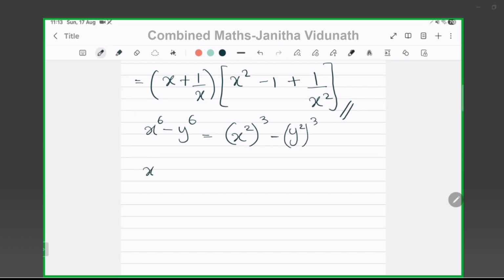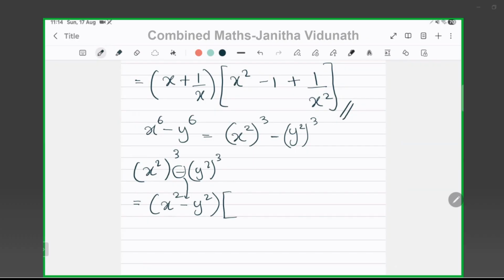Then here we have our first term as a cubic term and our second term also as a cubic term. Then we can factorize this as first term minus second term, like first term, the same sign as the question, and the second term.